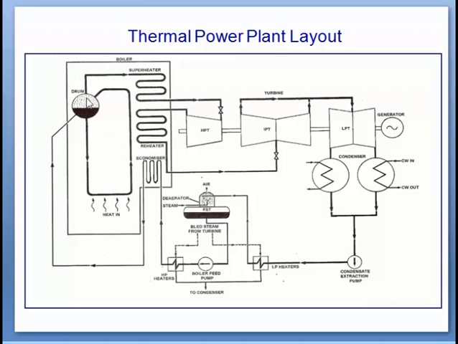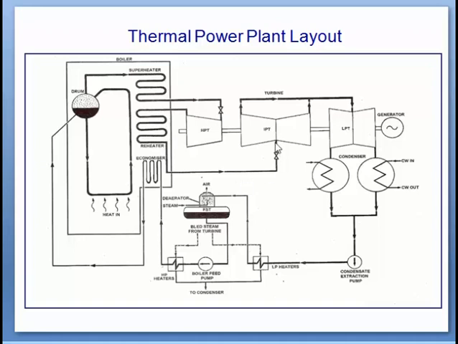Now the steam which is separated in the boiler drum is taken and passed through the superheater, and finally the main steam enters the high pressure turbine. Then after expansion, as cold reheat, it passes through the reheater, again becoming hot reheat.